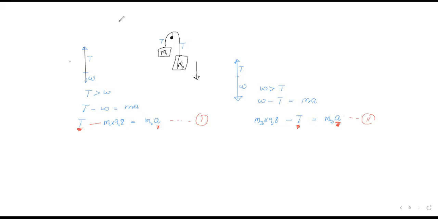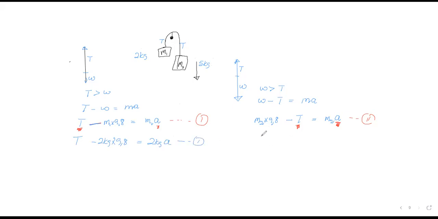So, tension minus the weight. Let's give this weight here 2 kg and give this weight here 5 kg. This will be tension minus 2 kg multiplied by 9,8 is equal to 2 kg acceleration for equation 1.